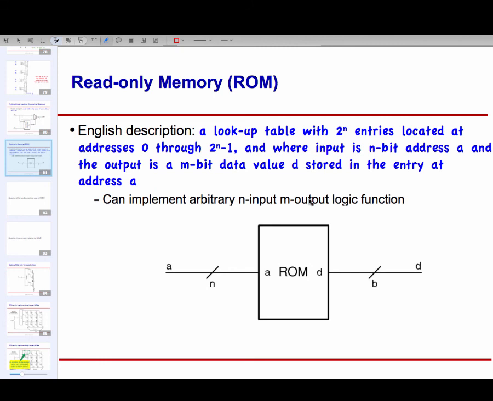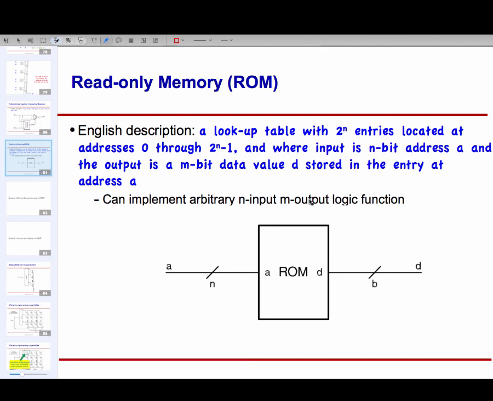So I'm giving you this table. You can store anything in the table. You just store the answers. Exactly, you store the answers, right? If A is 0, whatever number I'm supposed to return, I store that in location number 0. If A is 100, whatever answer I want for 100, I store it in the 100th location, right?